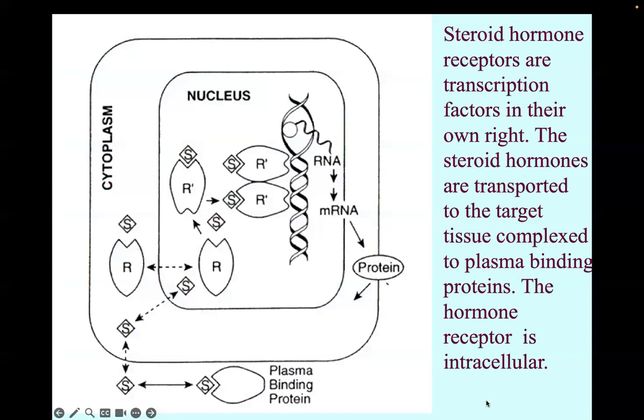Now we come to another kind of signaling, the classical steroid hormone or thyroid hormone receptor. The steroids can get into the cell because they're hydrophobic. So they cross the biological membrane, as you can see here, without needing any energy to do it. Then they can get to the nucleus as well.